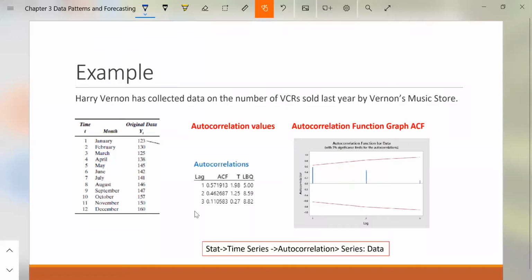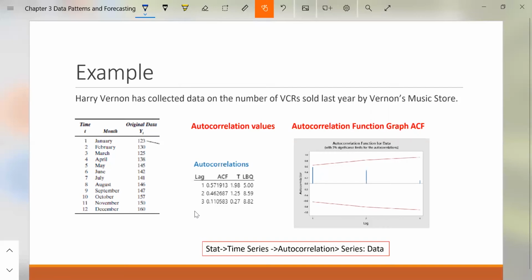So this is data on the number of VCRs sold last year by Verna's music store. It's apparently very old data because maybe some of the young generation don't even know what VCRs are. It's been a long time ago.